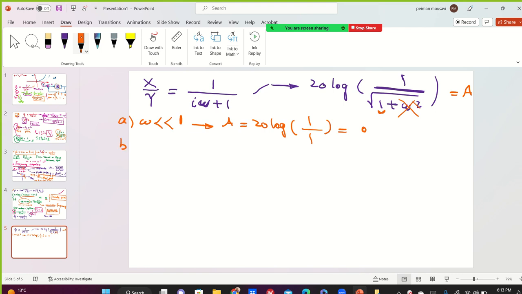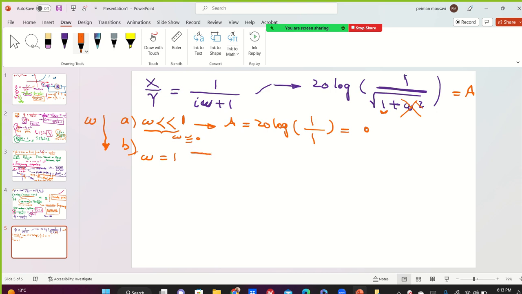B. Now I'm increasing the omega, because this means almost 0. I'm increasing that. Case B, omega is 1. See, I'm increasing the omega. By this way, I'm increasing the omega. Omega is 1. So A is going to be 20 log of 1 divided by the square root of 1 plus 1. Can you use the calculator and give me the answer?